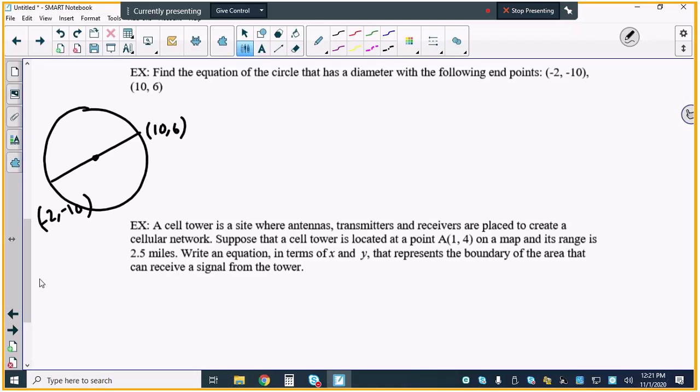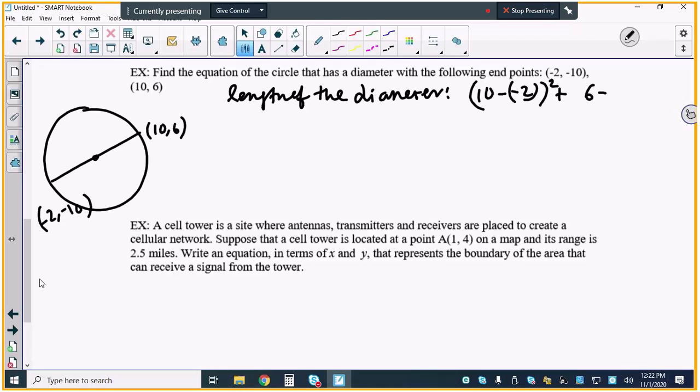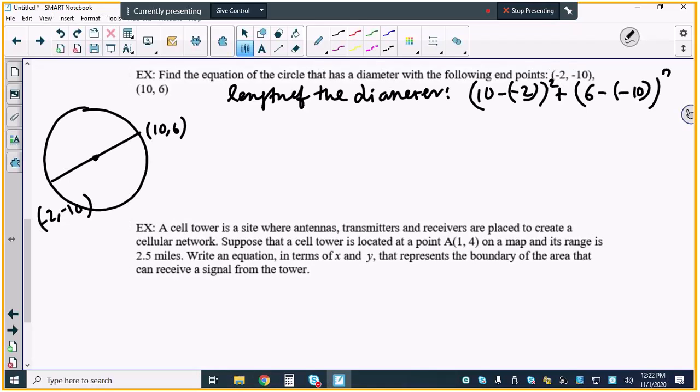So first I need to know the length of the diameter, which is the distance between these two given points. So that is going to be the square root of (10 - (-2))² + (6 - (-10))².